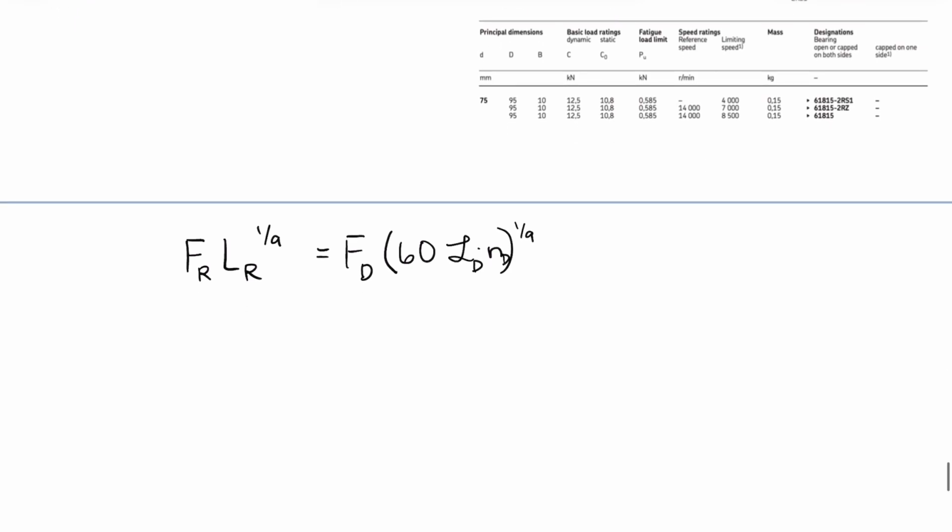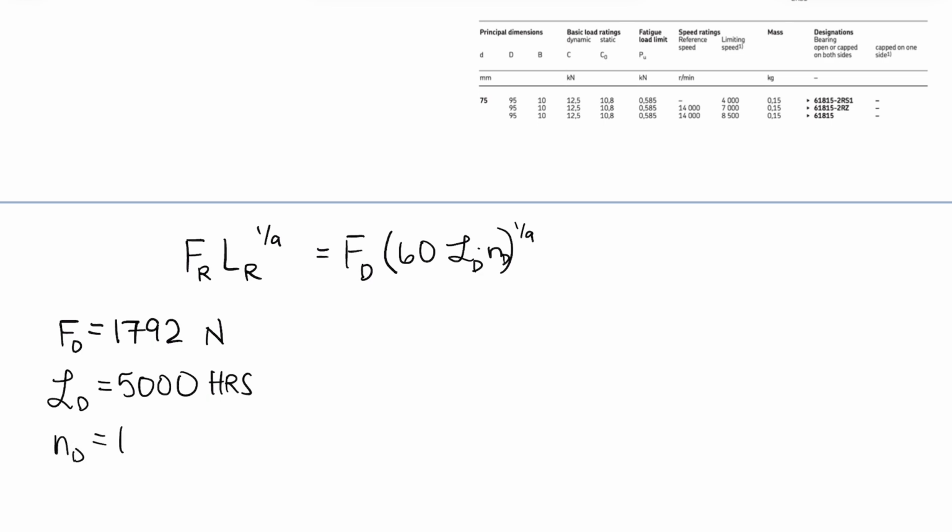So we know our desired load is 1792 newtons. We know our desired life is 5,000 hours. We know our desired speed is 1725 RPM.